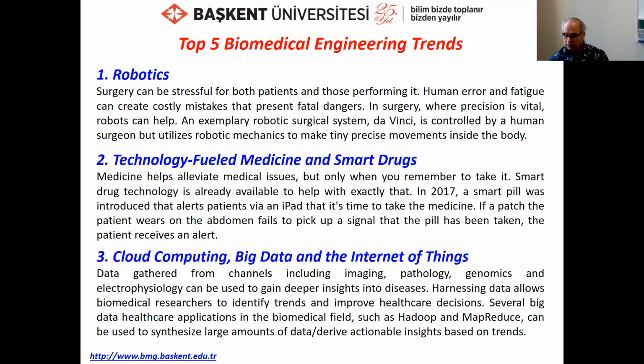The second one is technology-fueled medicine and smart drugs. Smart drugs are novel drug applications, and those are controlled release systems. Here you can understand that some smart drugs are technology-fueled medicine. The third one is cloud computing, big data, and the Internet of Things.